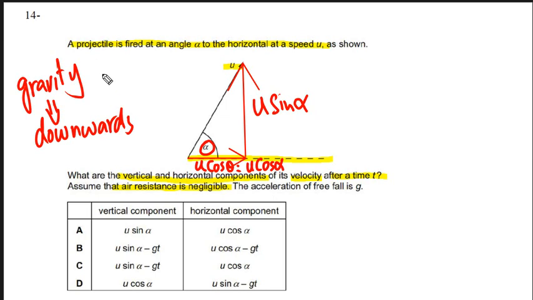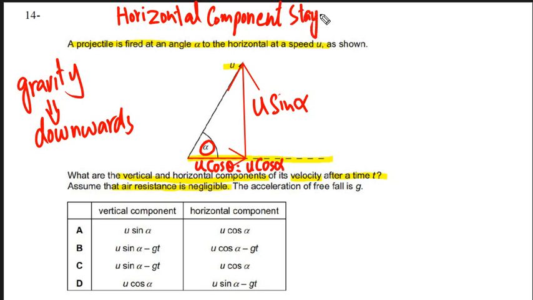Okay, now as we have already discussed, only gravity is acting on this, which means there is no force along the horizontal, so the horizontal component of velocity will not change. So we can say that the horizontal component of velocity stays the same. Stays the same means it does not change.